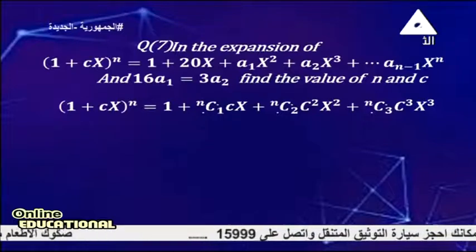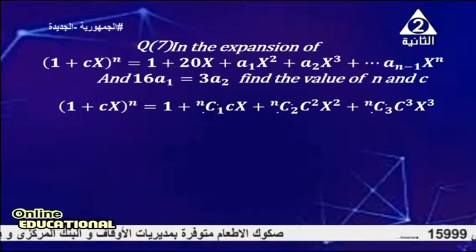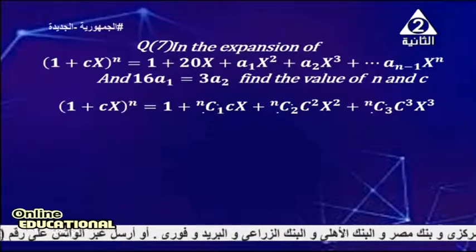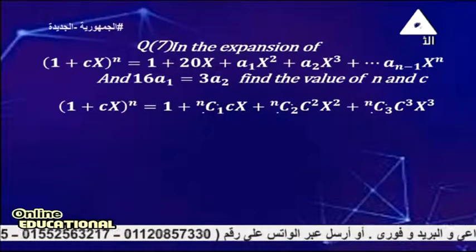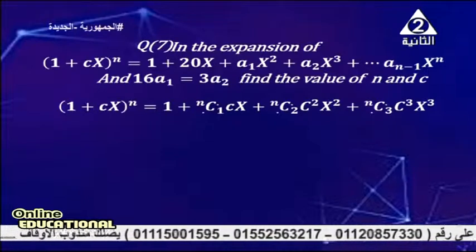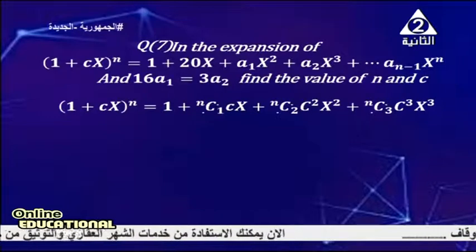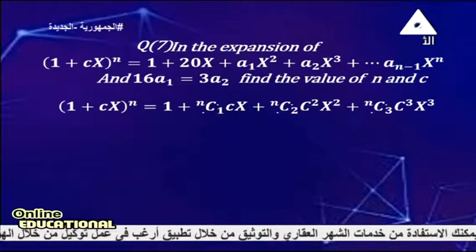So the expansion of (1 plus cx) to the power n equals 1 from nC0, since (cx) power 0 is 1.